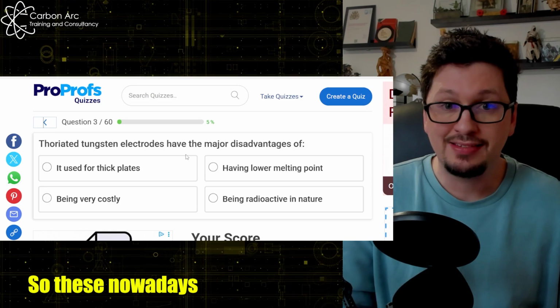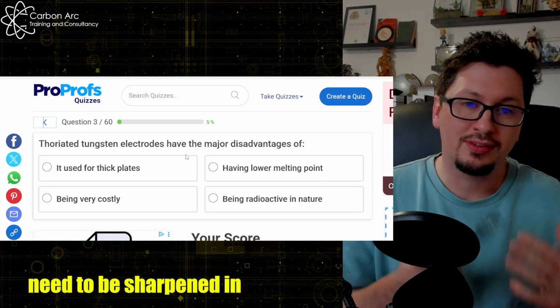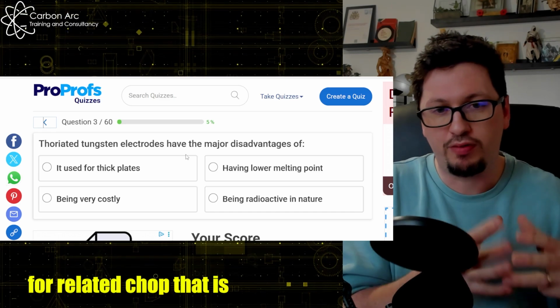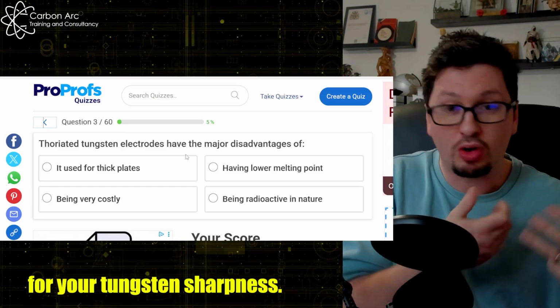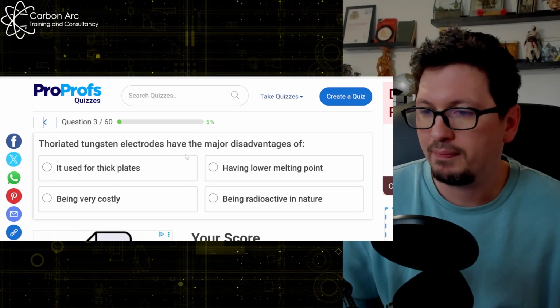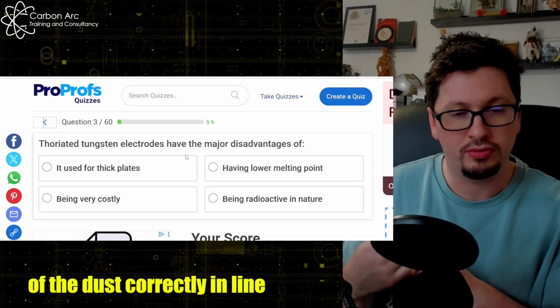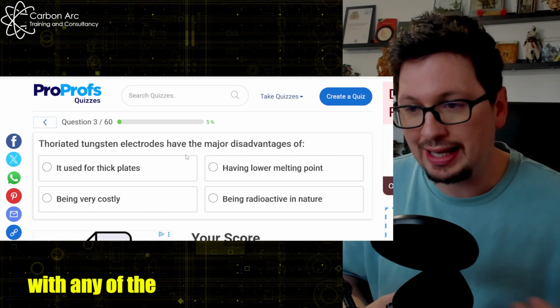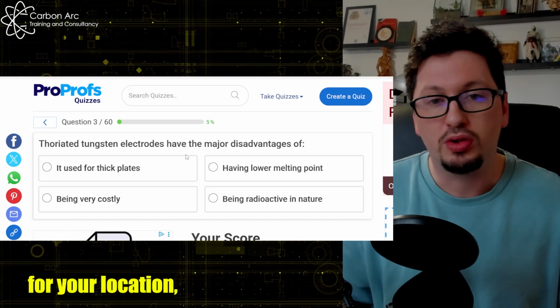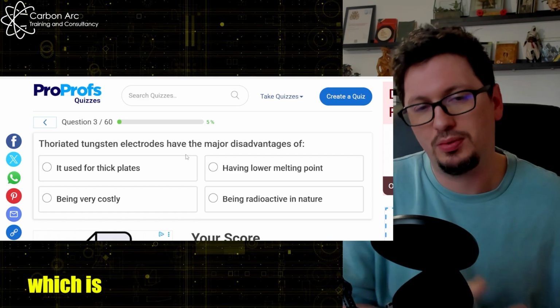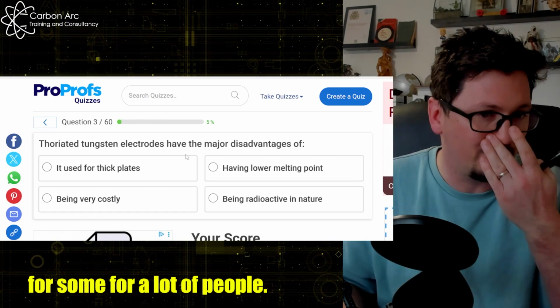So these nowadays need to be sharpened in self-contained thoriated tungsten sharpeners. And then they capture all of the dust, and then you dispose of the dust correctly in line with any of the legal requirements for your location, because it is now radioactive waste, which is going to be challenging for a lot of people.